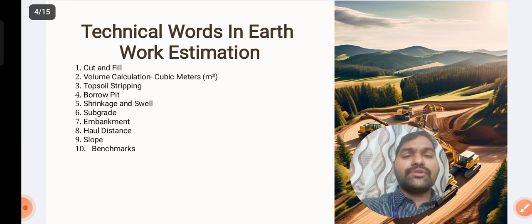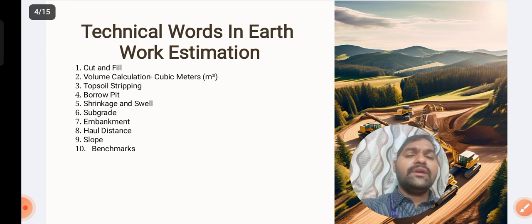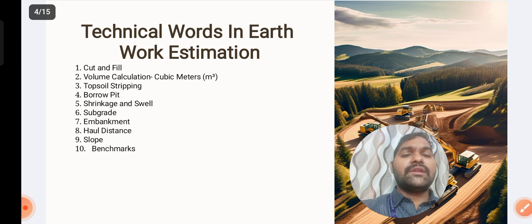IRC 58 2002 is for the rigid pavements, and IRC 37 2022 is for the flexible pavement. Anyhow, the subgrade design is not going to be given. The thickness of the surface course will come, and the thickness of the subbase course and base course will come, but the thickness of the subgrade course is not going to come. That is called the subgrade. That is a part of the cross section of the flexible pavement and rigid pavement.